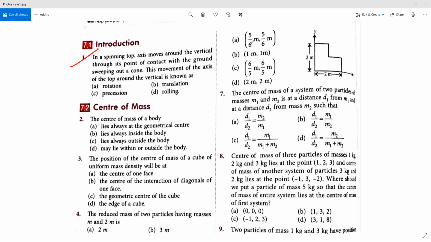First one. So what is the first question?